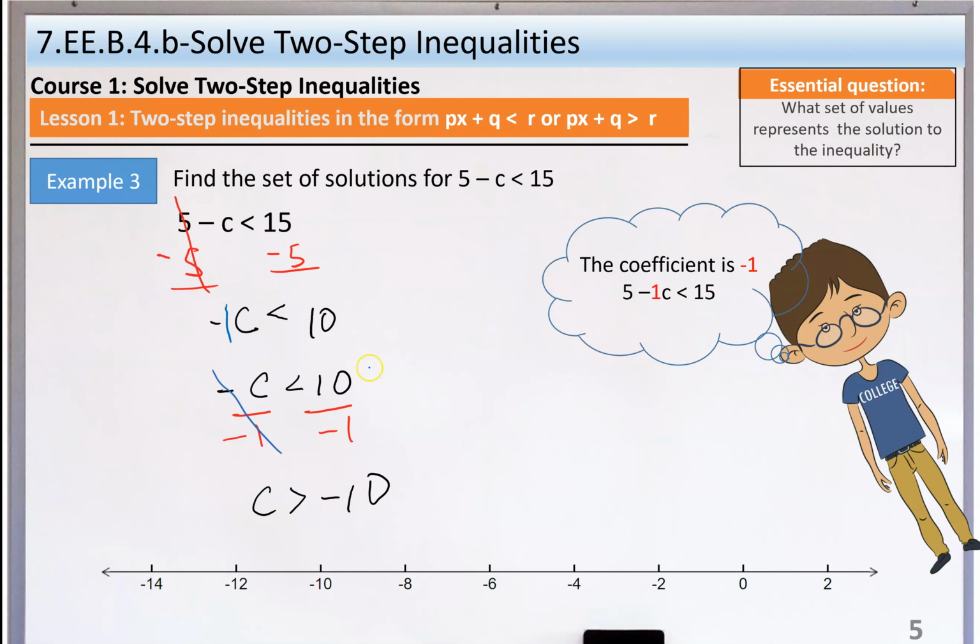And again, 10 divided by a negative 1 is a negative 10. So be very careful. There is a coefficient there, and that coefficient is negative 1. So c is greater than negative 10. Because we're not including negative 10, we have to put a circle around the negative 10 and everything greater than.